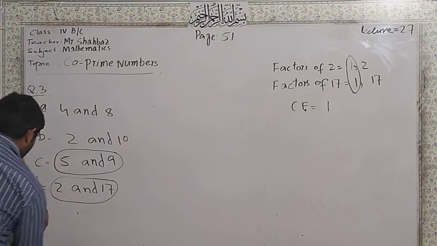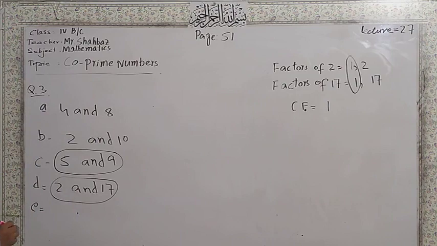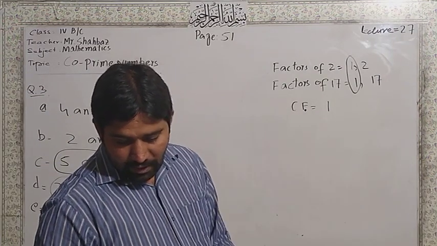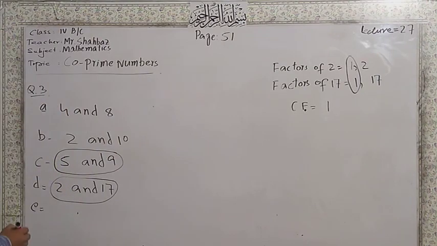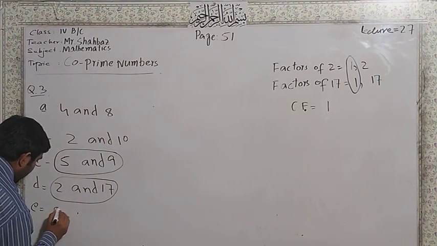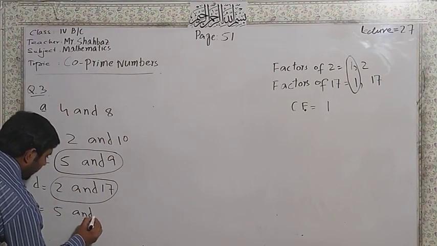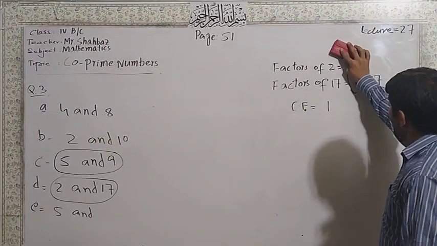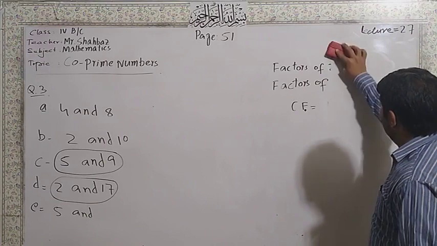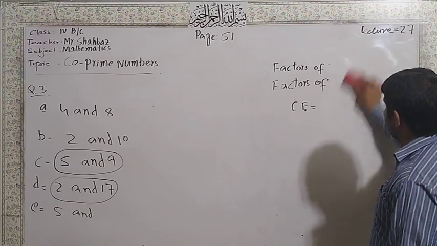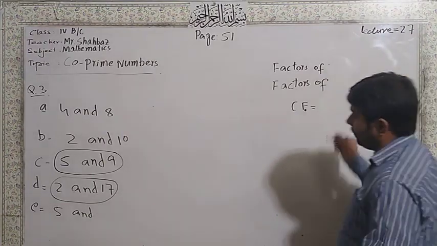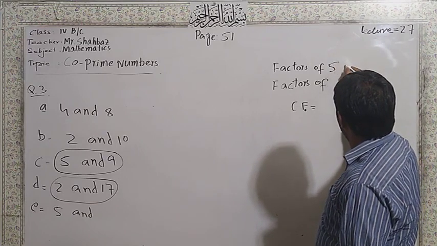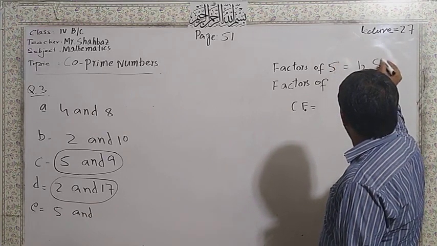E. 5 and 10. You will check there. Factors of 5: 1 and 5.